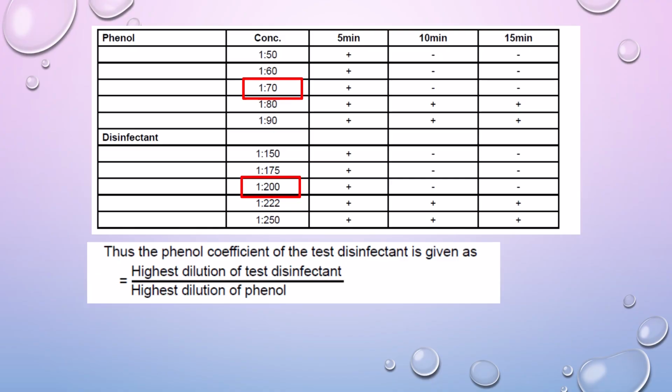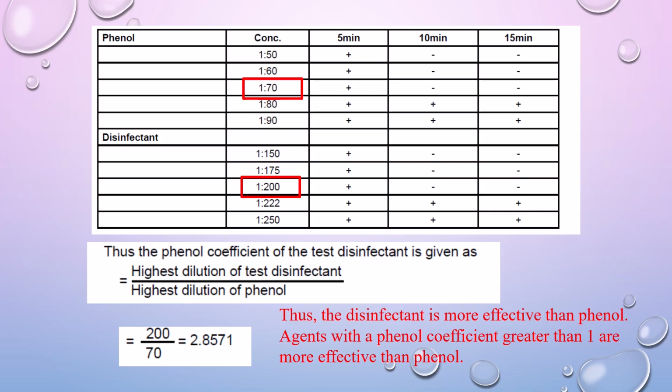Therefore, the phenol coefficient is calculated as the highest dilution of the test disinfectant upon the highest dilution of phenol. This gives us the result as 200 upon 70, which equals 2.8571. Thus, the disinfectant is more effective than phenol. Agents with a phenol coefficient greater than 1 are more effective than phenol.